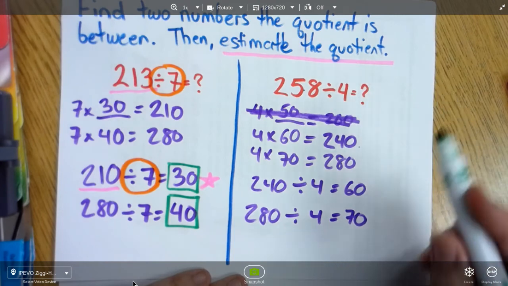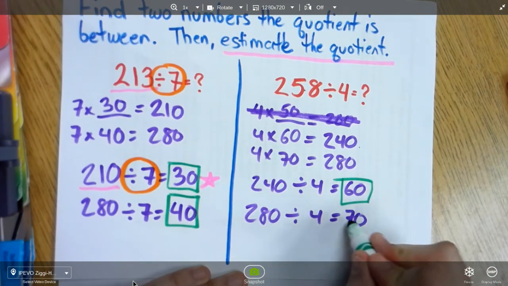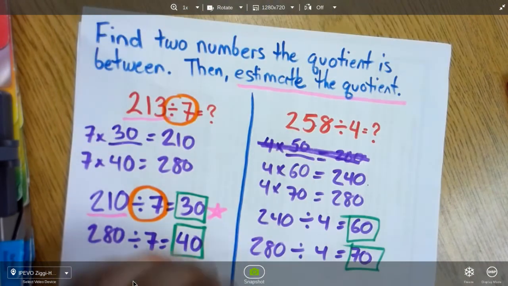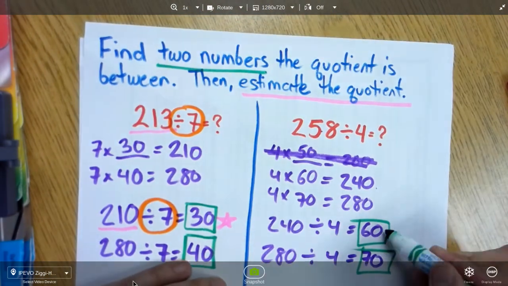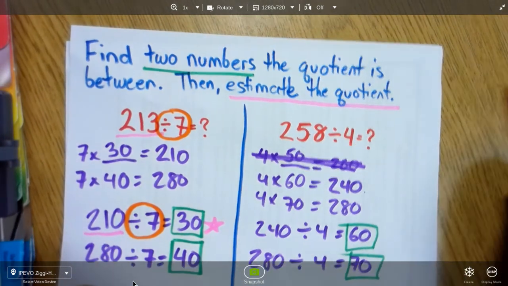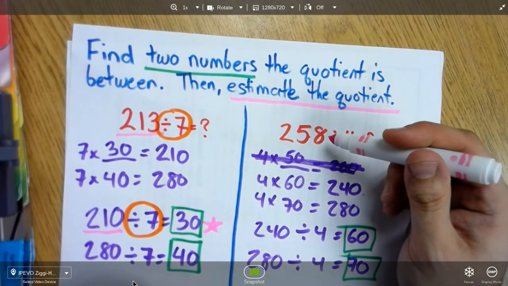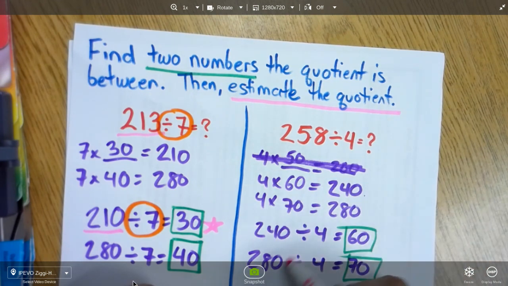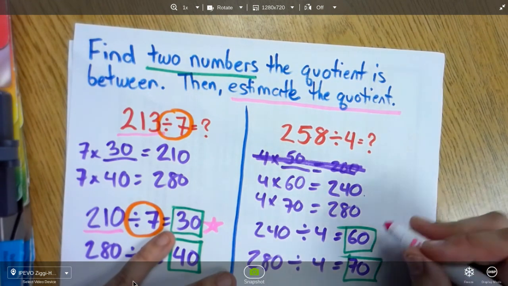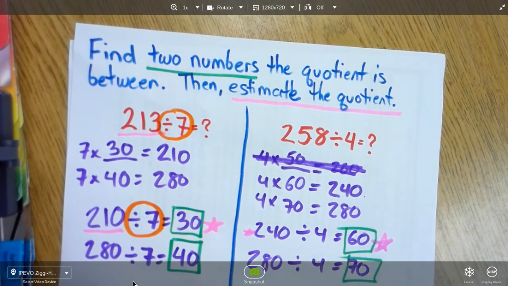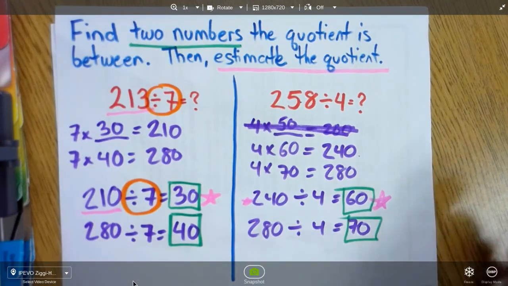So my quotient has to fall between 60 and 70. Which one is it closer to? Now I need to estimate my quotient. Well, when I look here, 258, that's only 18 away from 240. That's quite a bit further than 280. So it's closer to 240, which means my quotient is going to be closer to 60.